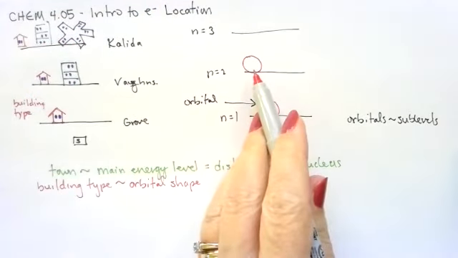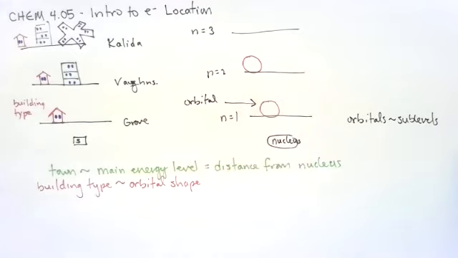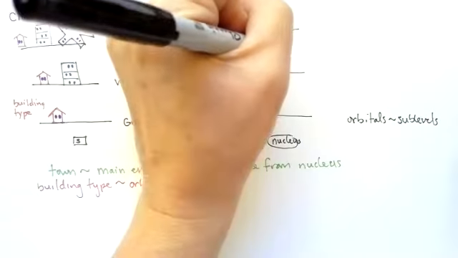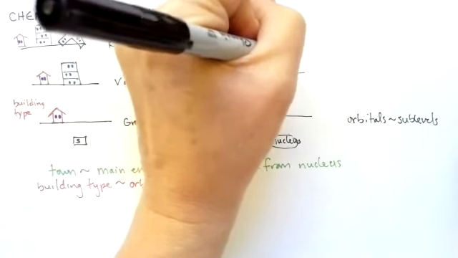When I come out to the second main energy level from the nucleus, I have that circle orbital again, but I also have, and I'm going to draw, three 3D axes.